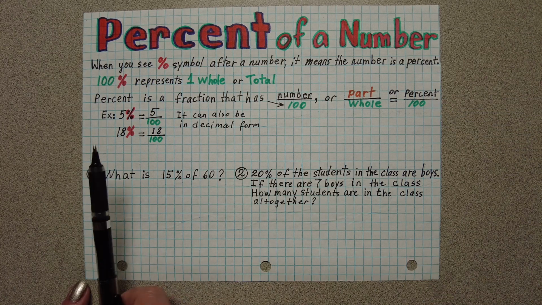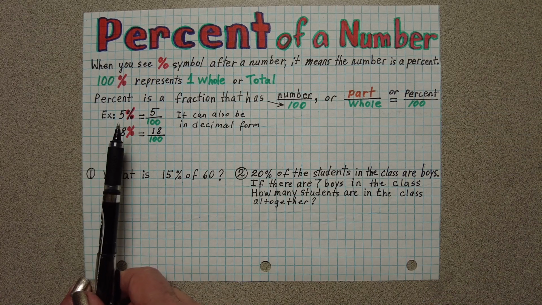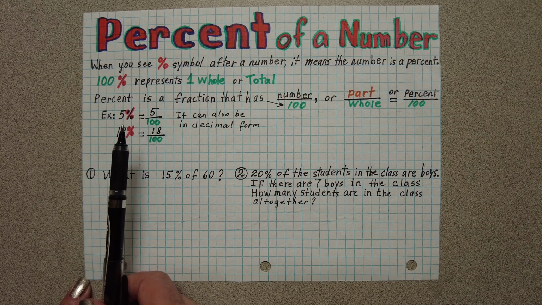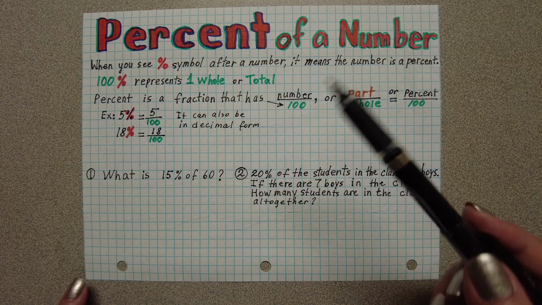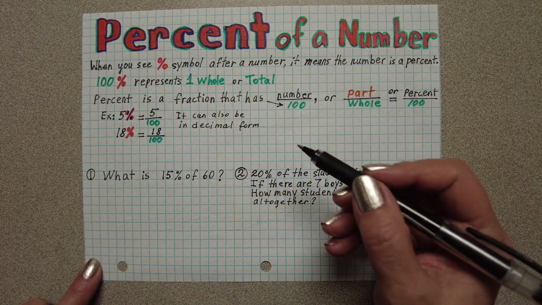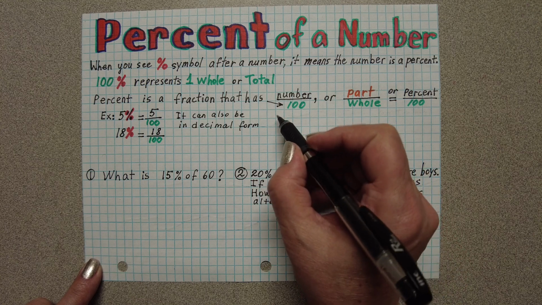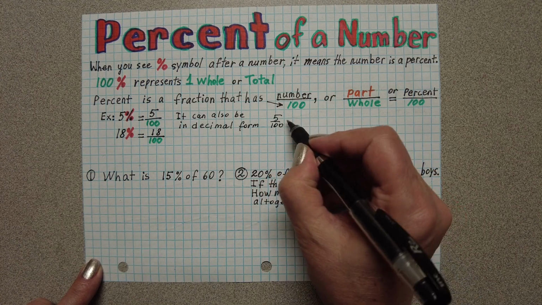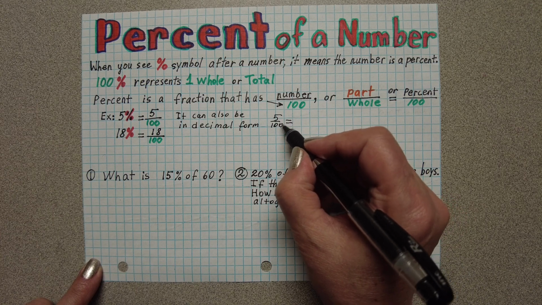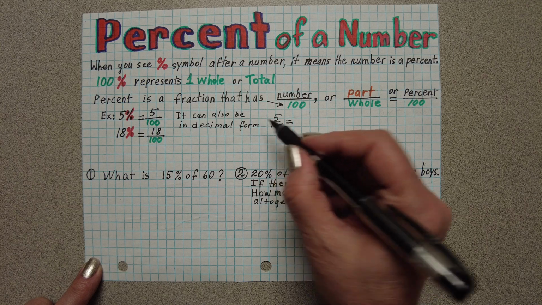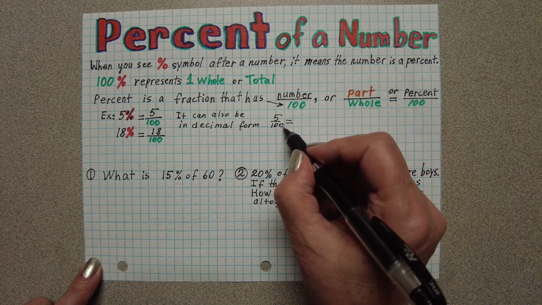For example, we have 5%, we can write this as a fraction, 5 over 100. It can also be in decimal form. As a decimal value of a percent, we can write down this 5 over 100. That's why we learned before how to make this a decimal. If it is divided by 100, you go 2 digits to the left because it has 2 zeros.